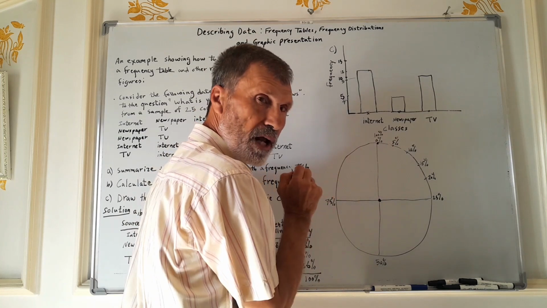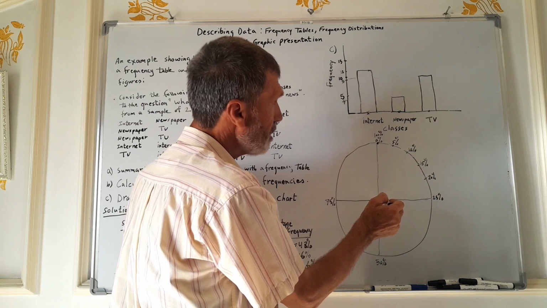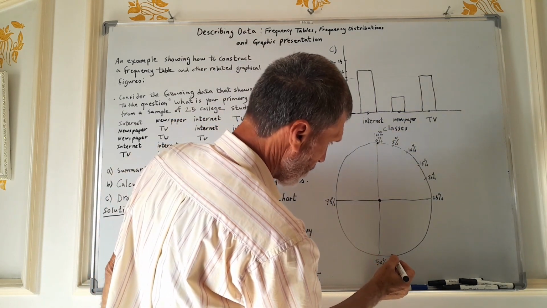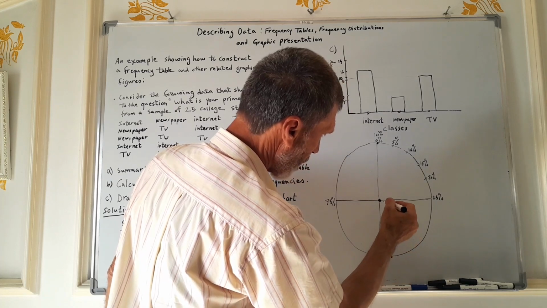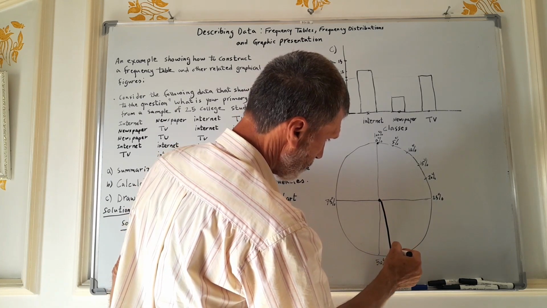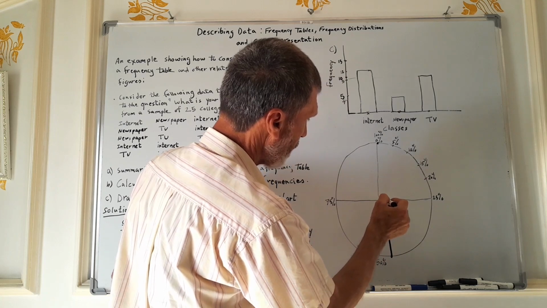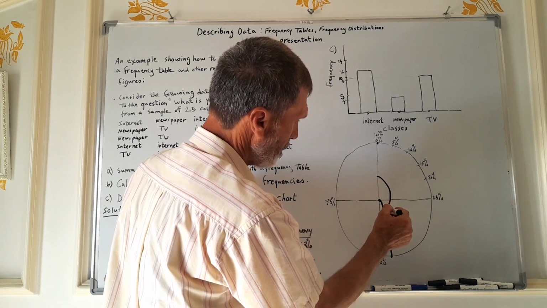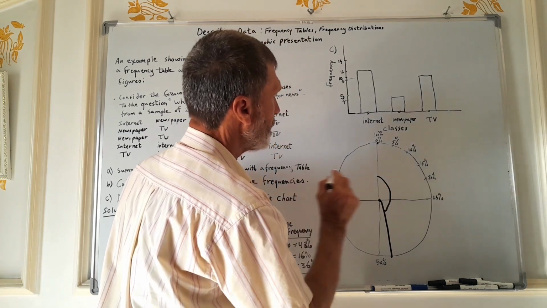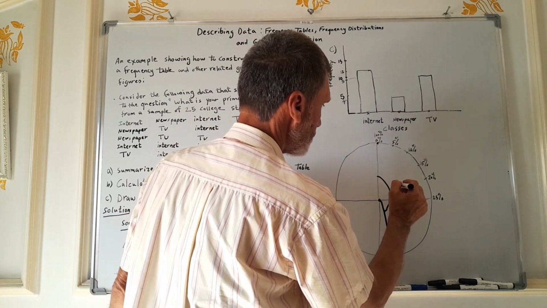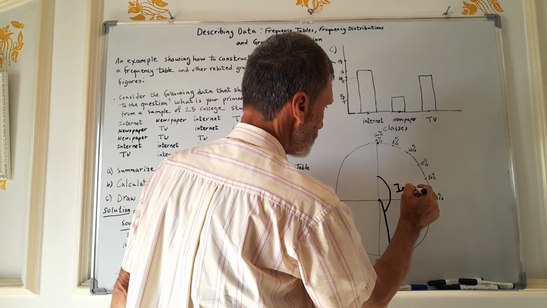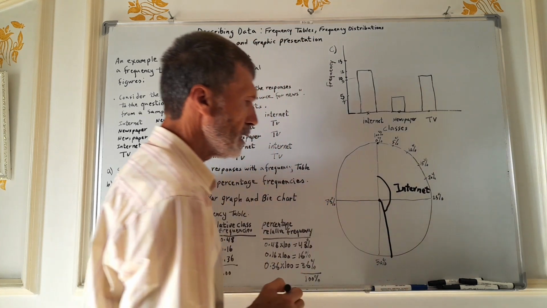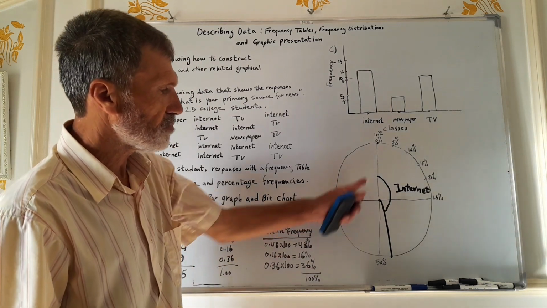Then you draw another line from the center to 48%. 48% is over here, so another line here. So we get this whole slice, which is internet, 48%.